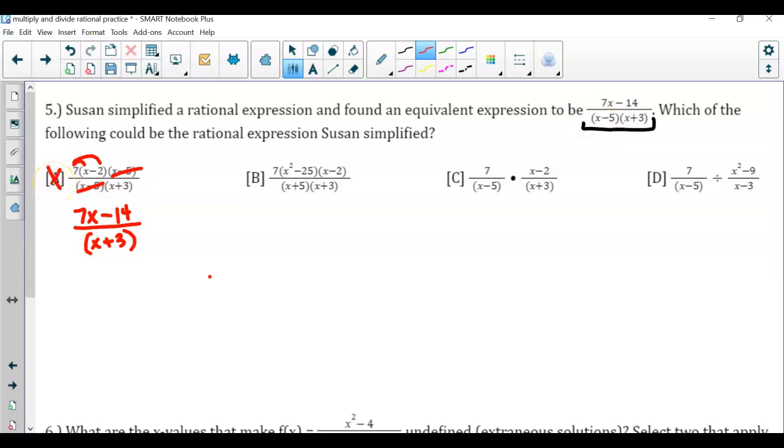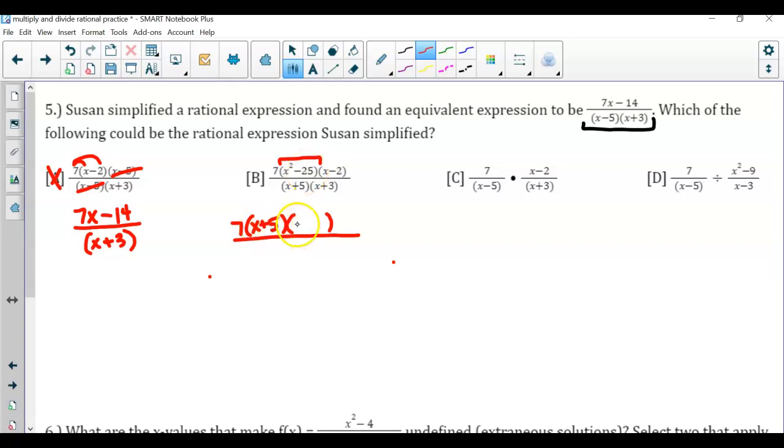Now let's go to B. Well, I notice here in the numerator, there is a difference of two perfect squares that needs to be simplified. So I'm going to rewrite this. So 7 times, that is difference of two perfect squares. So x and then the square root of 25 is 5.